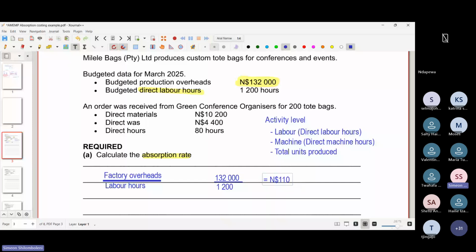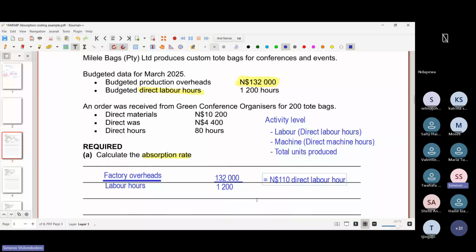If you want to be fancy, you can say per direct labor hour. But if you say per hour, it's also good. The problem of saying direct labor is that you might end up saying direct labor when you have used machine, then in that case it will be wrong. You just say 110 per hour.